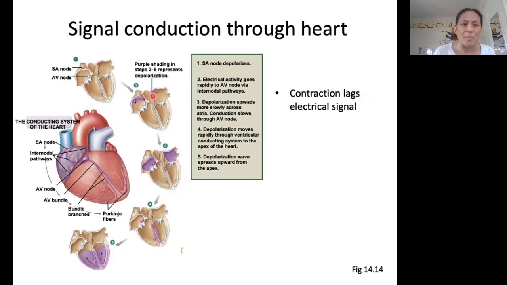So it takes a while from the time that we depolarize a particular region of the heart to the time that it actually contracts. So you can see that in this example here. We're depolarizing the atria here, but the atria don't really start to contract until the signal has kind of reached the bottom of the atria, the AV node, and is starting to go down the middle of the heart here, right? So you can see that contraction happening.